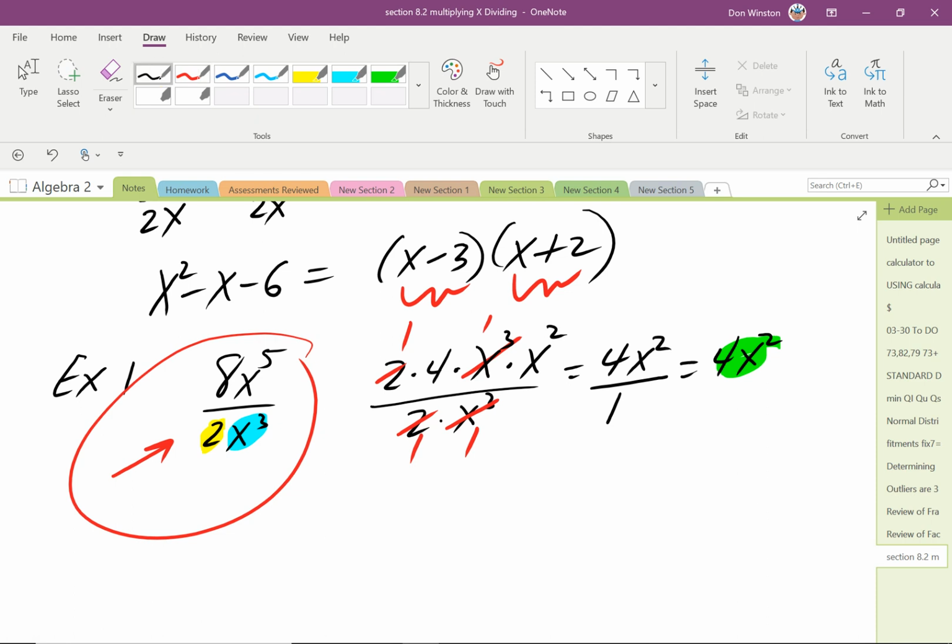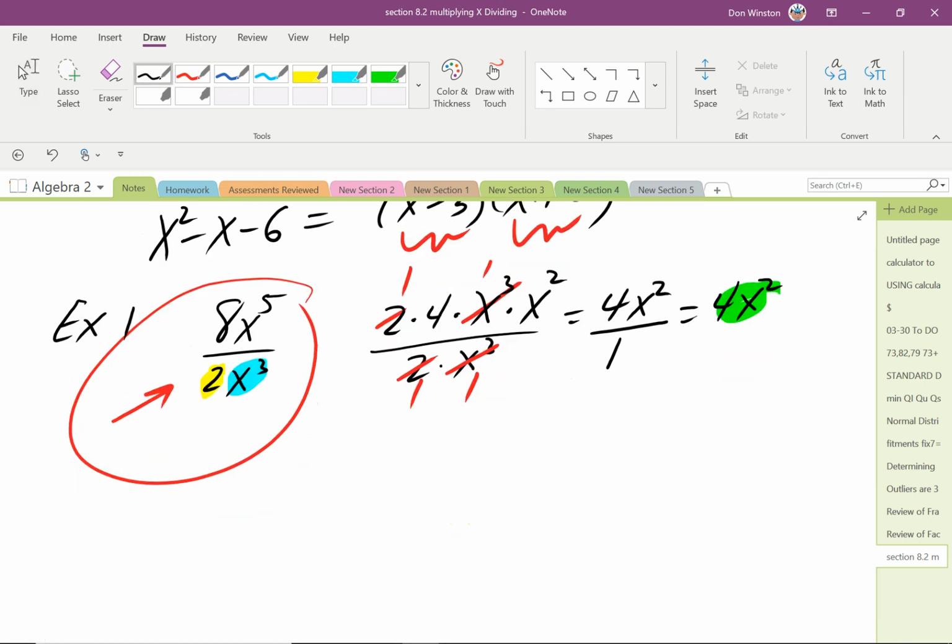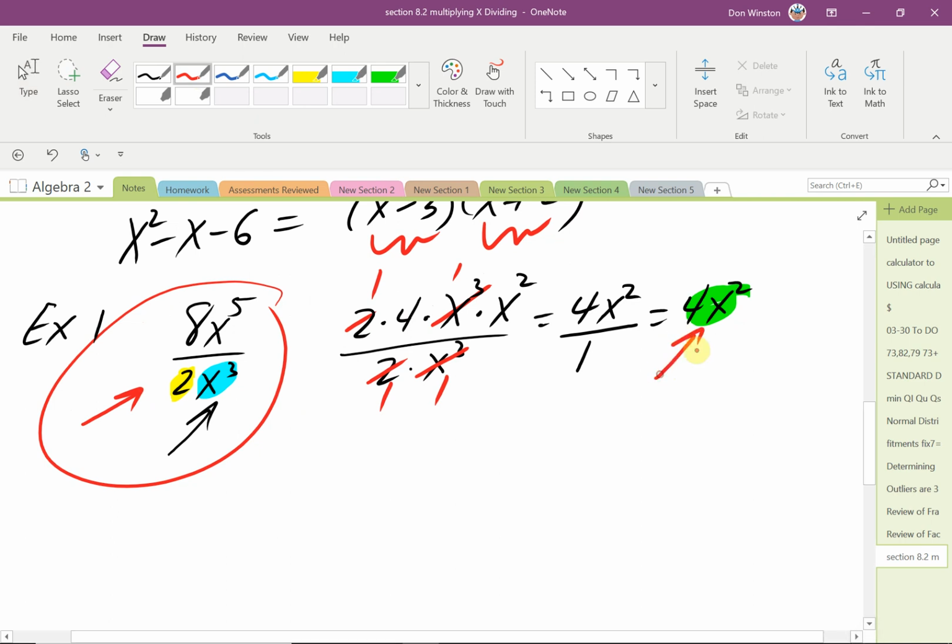Here, a value of x that I can't have in my denominator, 2x to the 3rd, is x equal to 0. Otherwise, I'll get 2 times 0, and I'll have 0 in the denominator, and you can't divide by 0. So my final answer is 4x squared, but then I'd have to state the domain restriction, x not equal to 0.